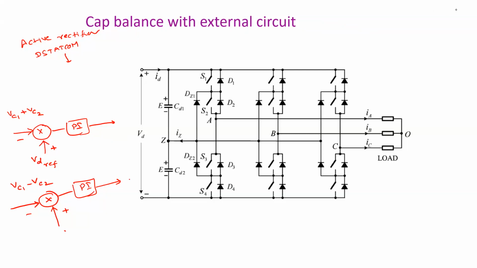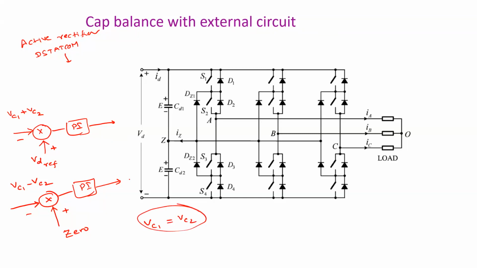If you have balance of these two voltages, it is obviously 0. The sum should be equal to the VDC reference, the total DC link voltage, and the difference must be equal to 0. If you do so, you will get VC1 equal to VC2 ideally. Understood?